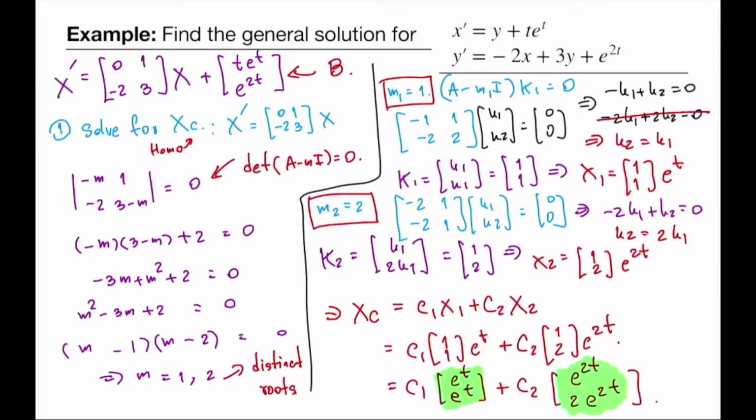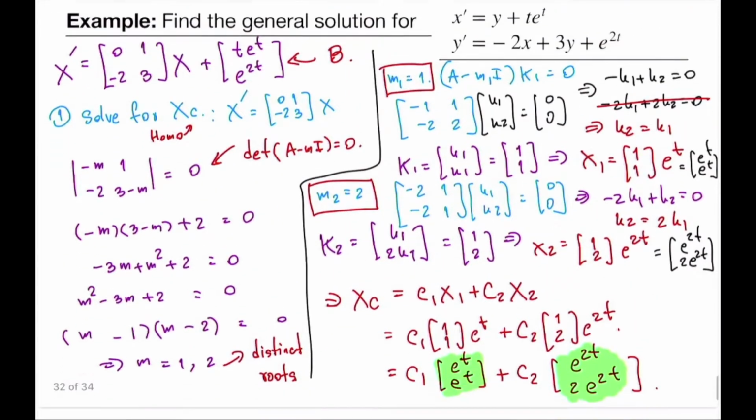It's actually the same, right, guys? Here, if you want, you can write this down as e to the t, e to the t as well, and here is e to the 2t, 2e to the 2t, right? So now we want to find xp.